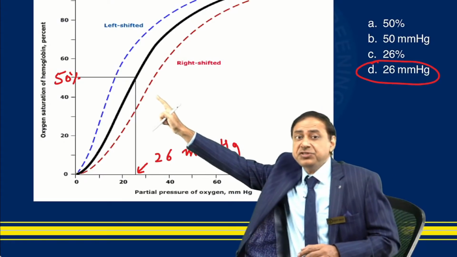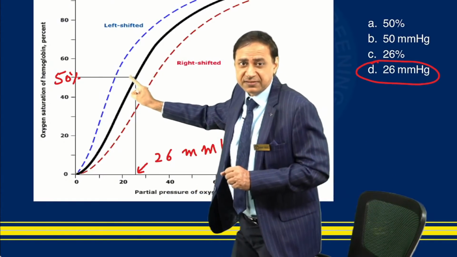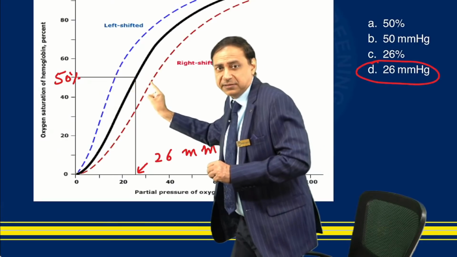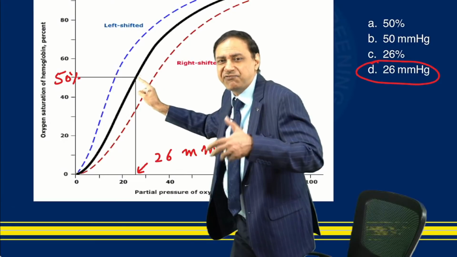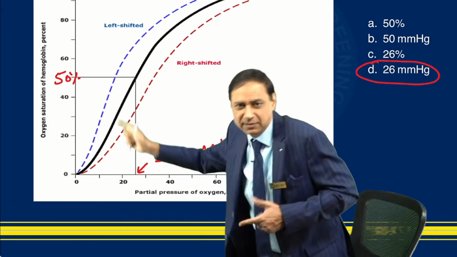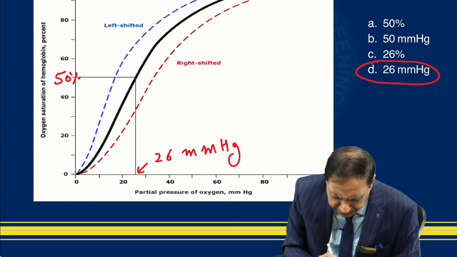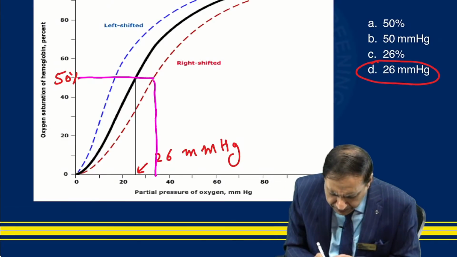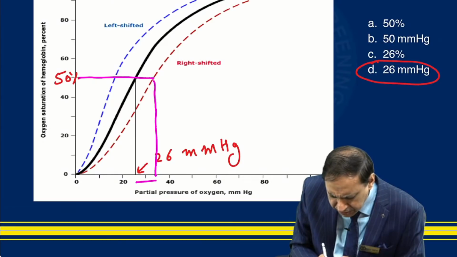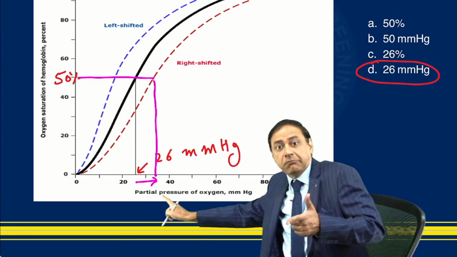If the curve is shifted to the right, what does it mean? How will this affect P50? Just see the diagram. If the curve is shifted to the right, the P50, instead of 26, may become, say, 34 in this diagram.